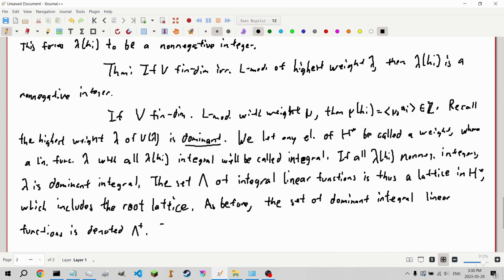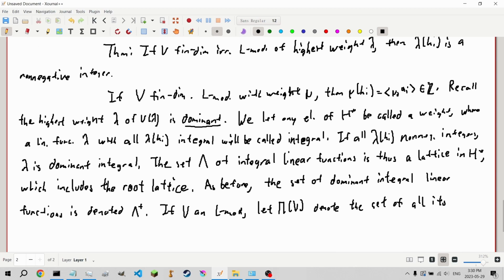One last bit, if V is an L module, let lambda V denote the set of all its weights.